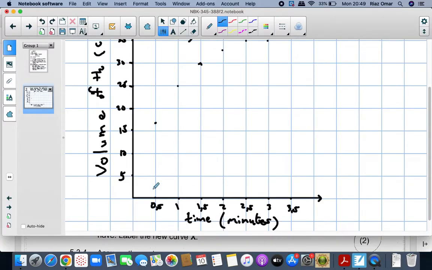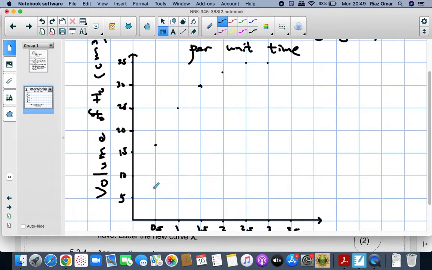And then we must draw a graph. Let's try and get a nice graph here. I'll try my best. And then it's a straight line at the end. We shouldn't have dotted lines. It should be a smooth line.